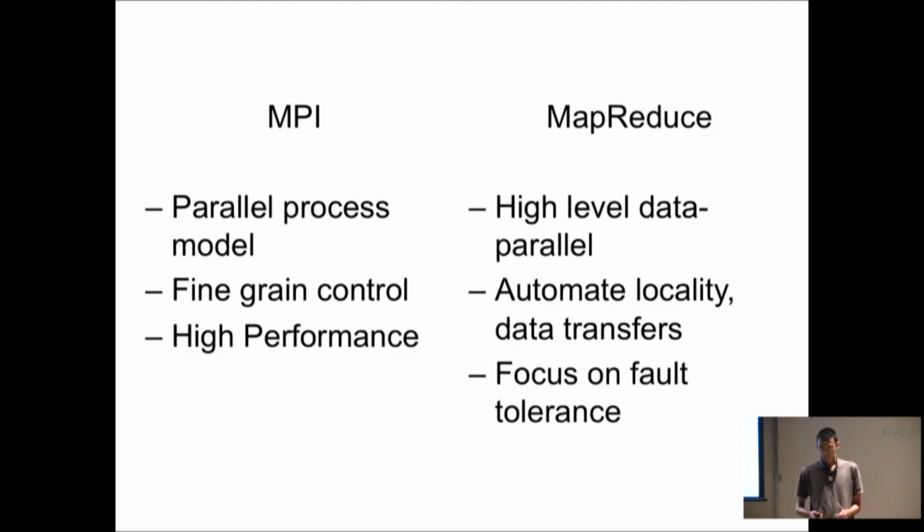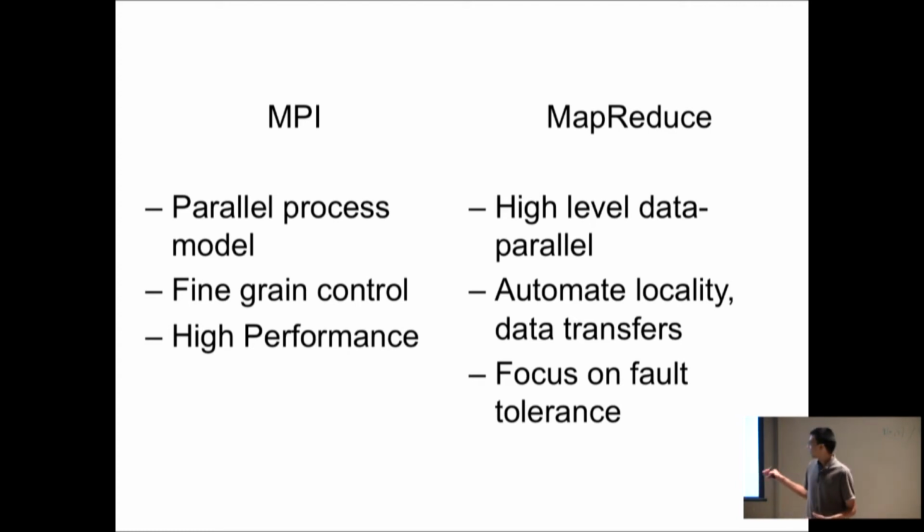So just to summarize what we saw in this section, we saw what a high-level data parallel model looks like and how it contrasts to an MPI-based message passing parallel process model. One of the things is that you get a lot more fine-grained control when you do something like MPI. You can pick which processor talks to which other processor. You can measure the number of send and receive calls that happen and how many bytes are sent and so on. You get much less control in this sort of higher level framework, right?